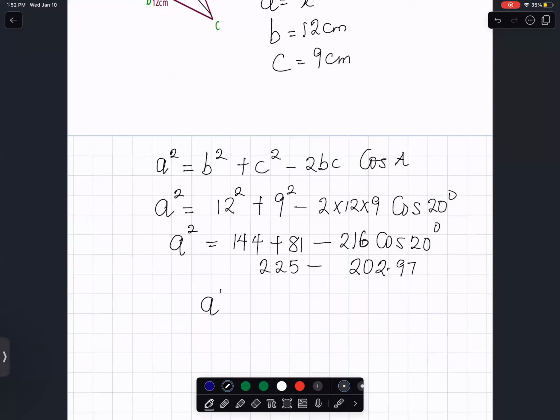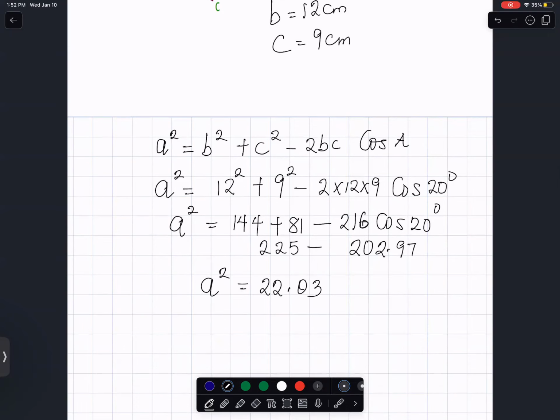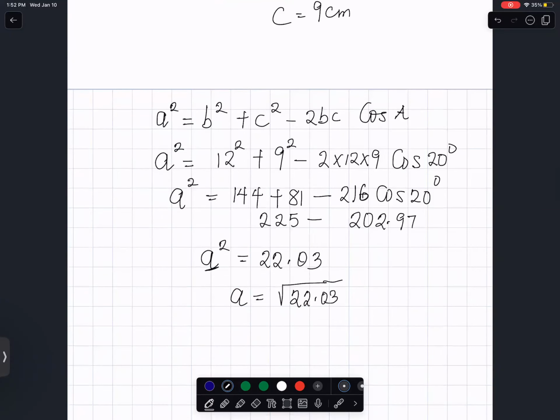That gives us 22.03. So I have my A squared as 22.03. Take note that we are looking for A and not A squared. So, like I said previously in my other class, A becomes the square root of 22.03. So looking for the square root of 22.03, we have our A as 4.69.